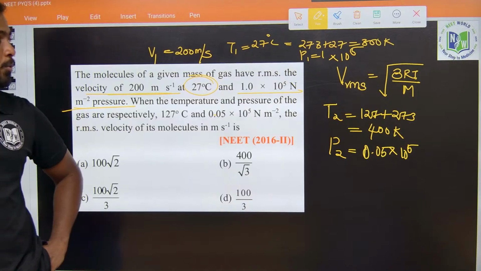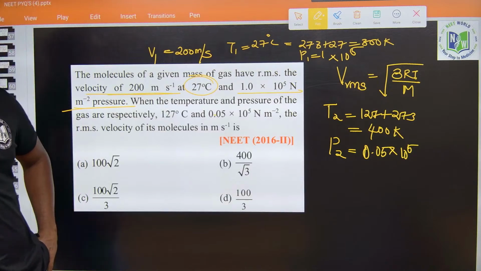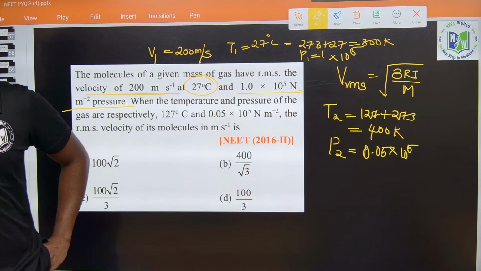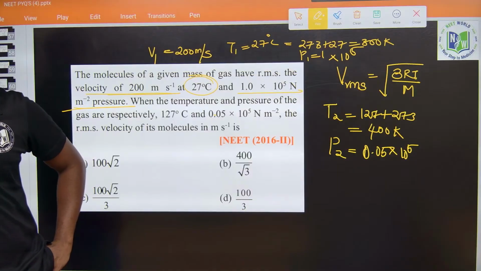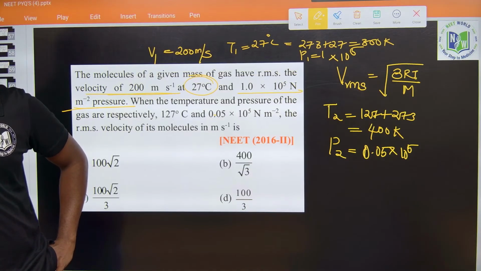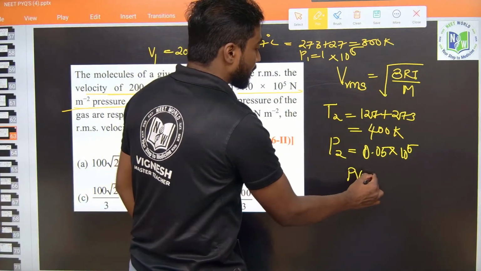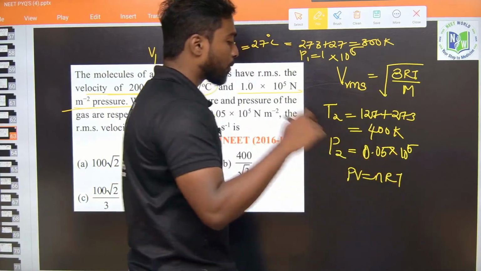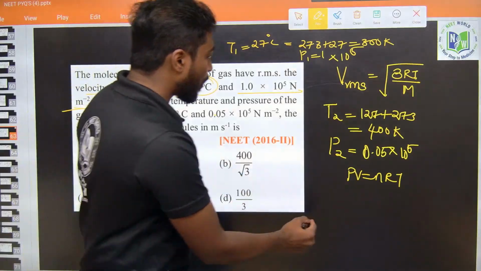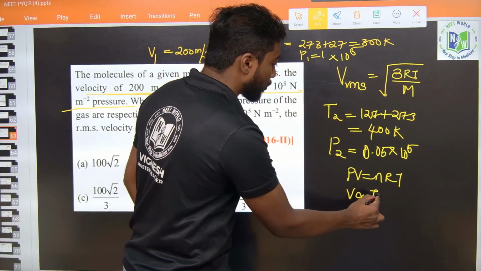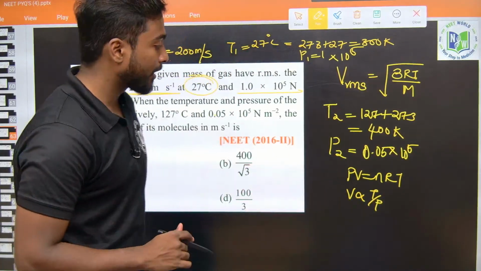Yes, PV is equal to nRT. PV is equal to nRT we can use, right? And one more thing, we know that volume is directly proportional to T by P. Okay, that one will keep as it is.